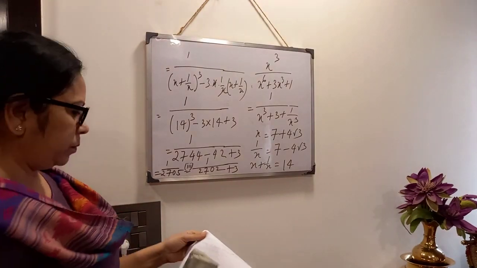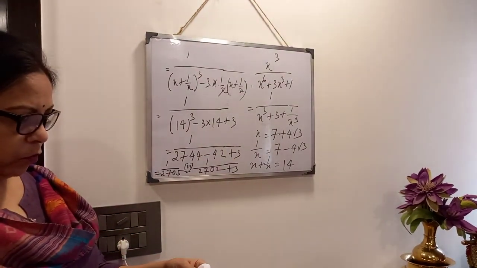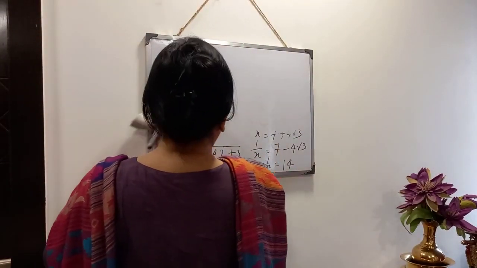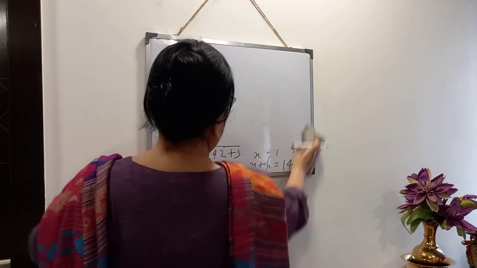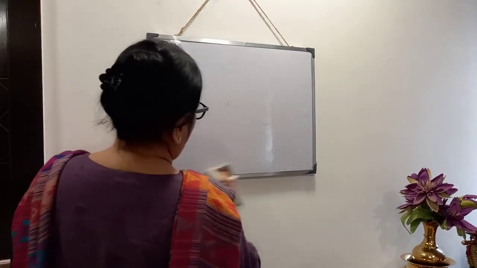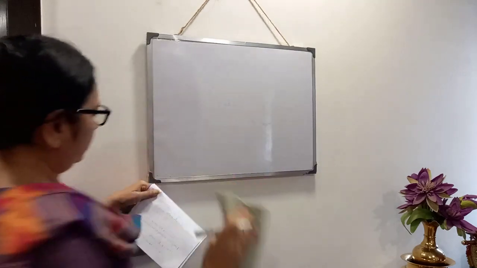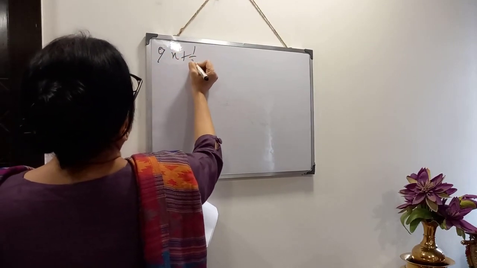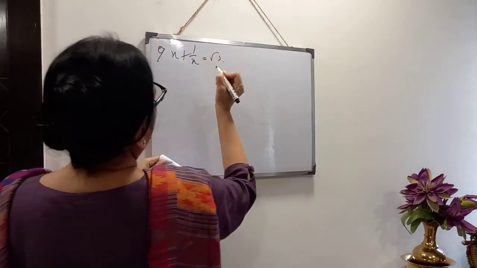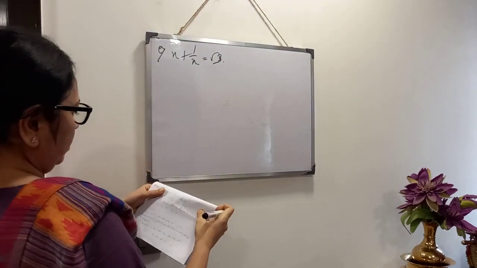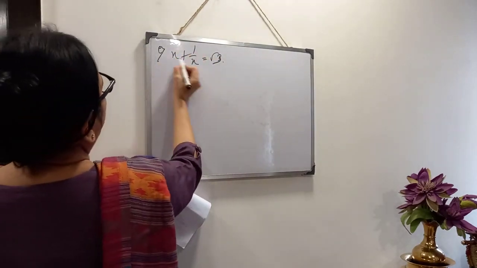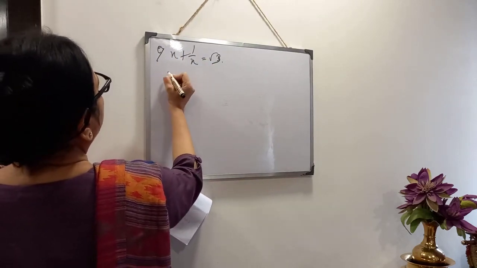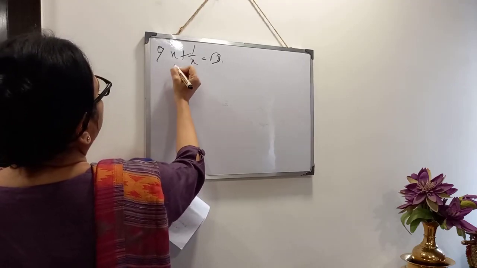It is also interesting. X plus 1 by x given root over 3. Then calculate the value of this. Root over 3 given. Cubing both sides.